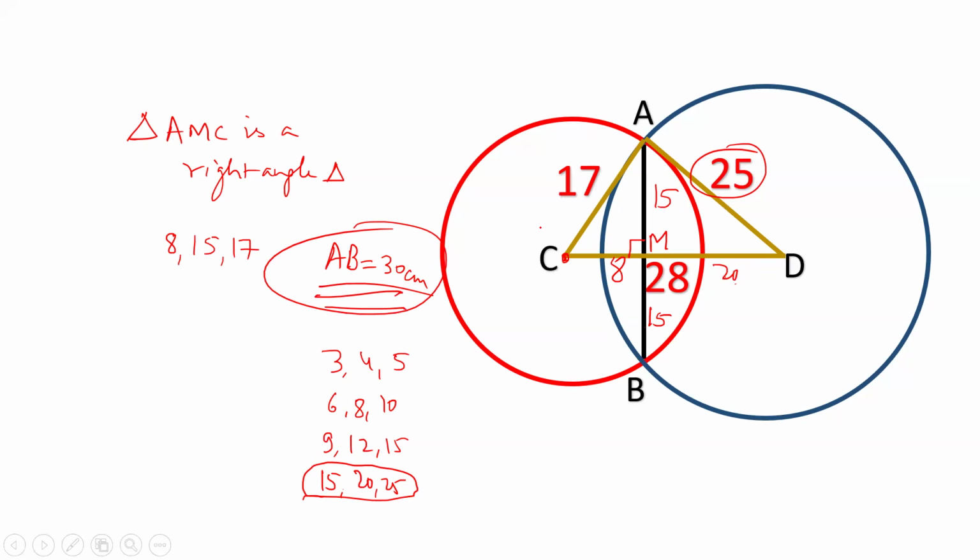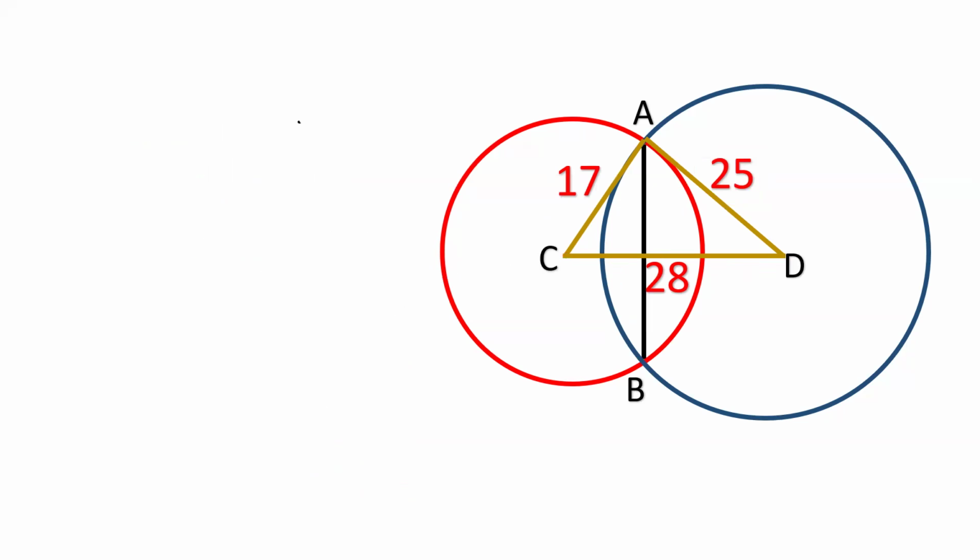using the Pythagoras triplet directly. Now, if we don't use the Pythagoras triplet, the other method is we'll take this line as x, and this will be 28 minus x. And this is a right angle, as we have proved that this is a right angle triangle. The line joining the centers is perpendicular to the common chord.